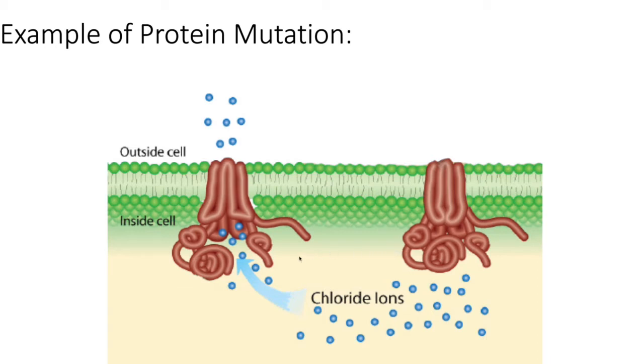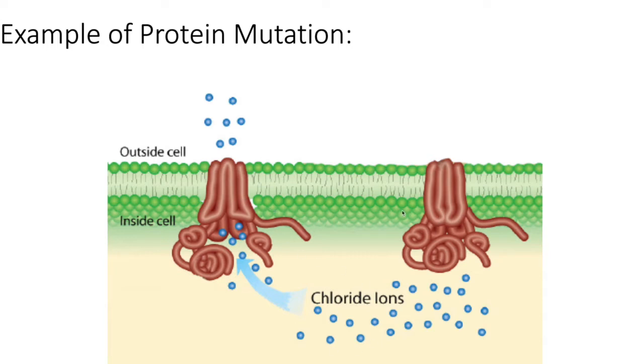All right, so what hopefully you might have seen is that first we've got these chloride ions coming through. These proteins are embedded in a membrane, so they're passing through this protein out to the outside of the cell through the membrane. But this protein here looks like it's more closed up, like that nozzle might not be allowing those chloride ions to go through.